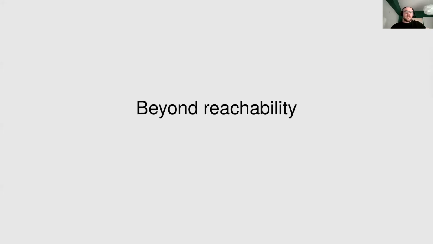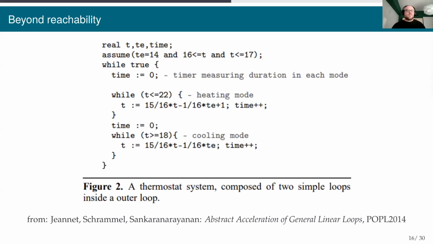Okay, but this gives us a lot of power on what's happening in our system, right? And this allows us to go beyond mere reachability. So just for motivation, why would we want to go beyond reachability? You can think of programs where you have your structure which says something like while true, do something. So here this is modeling a thermostat system.